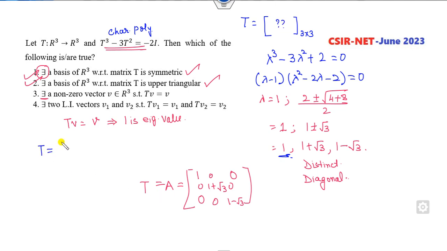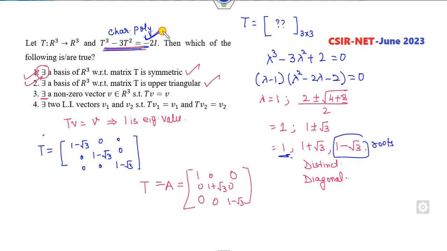If I simply consider the matrix with diagonal values 1 minus root 3, 1 minus root 3, 1 minus root 3, and the rest of the values 0, clearly it satisfies this because this is a root of this equation. So this is also satisfied, but clearly 1 is not an eigenvalue.